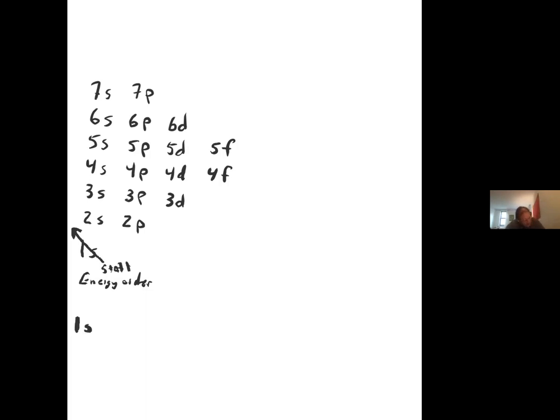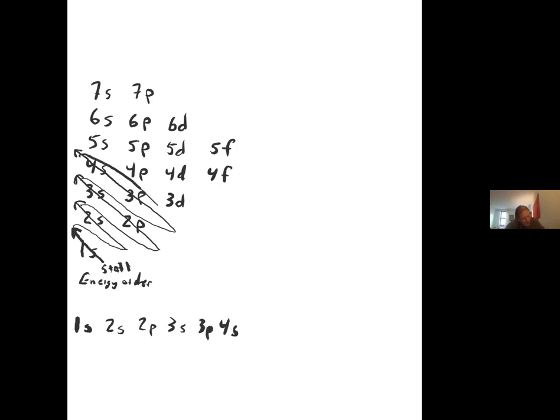Then you tail it back here and do it again, another diagonal. And then you tail it back and you go this way, a diagonal. So notice now I've got 2p, 3s. And then you tail it back and you do it again, 3p, 4s. And then you tail it back, and now you got 3d, 4p, 5s.